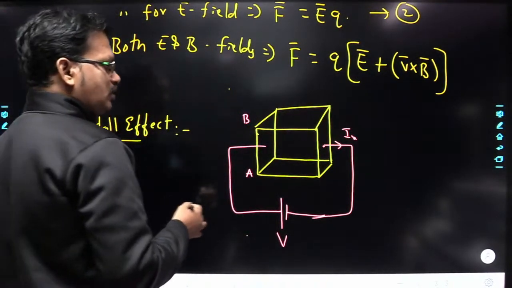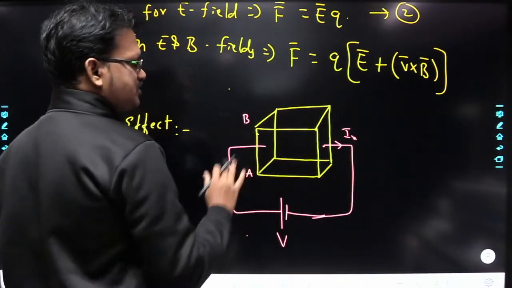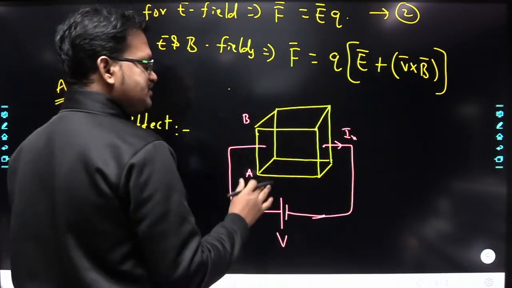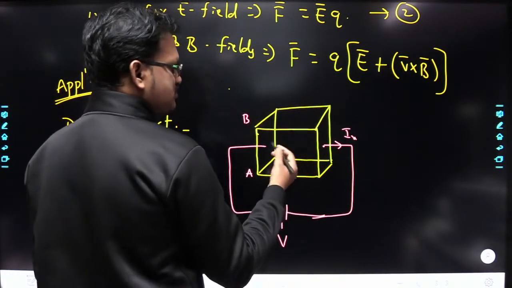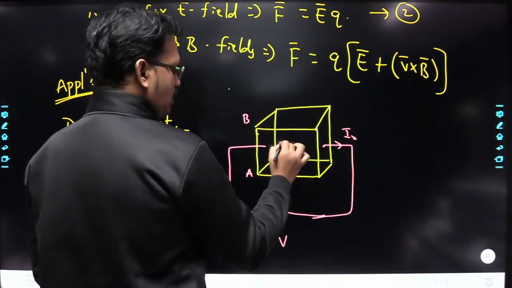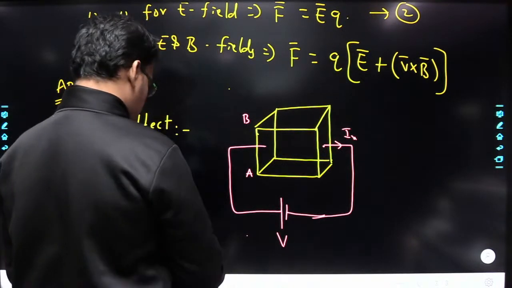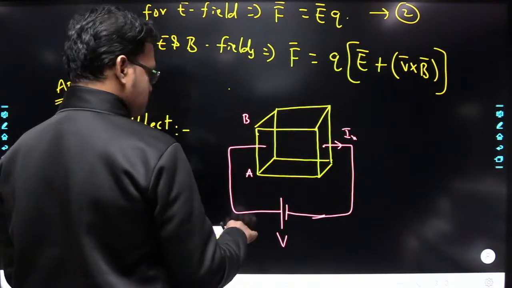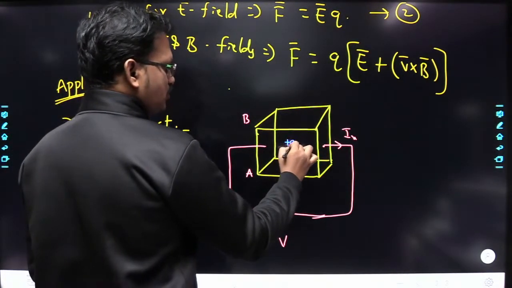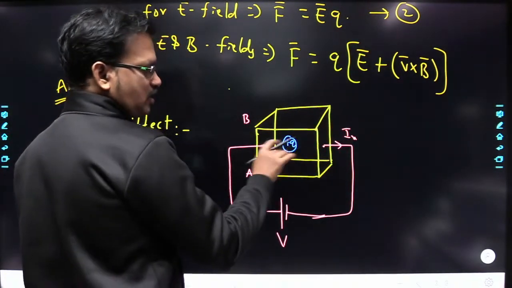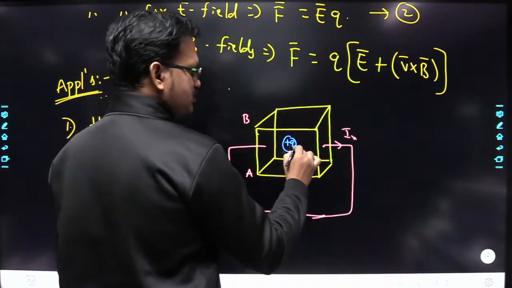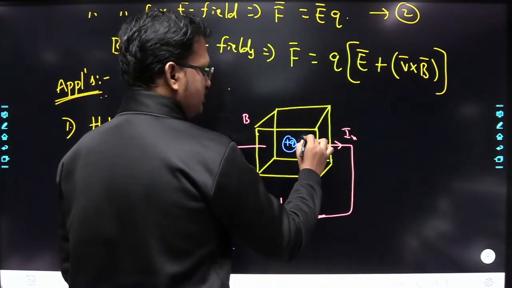So we have to determine whether it is P type or N type. We have assumed initially it as a P type semiconductor. If it is P type, the majority charge carriers are positive charge carriers. Positive charge carriers will always move along the direction of current, so it is moving in this direction.